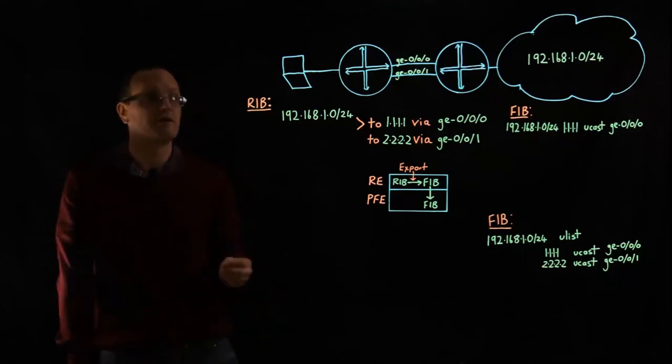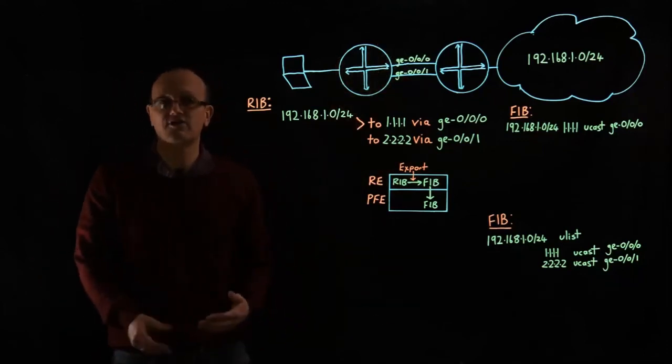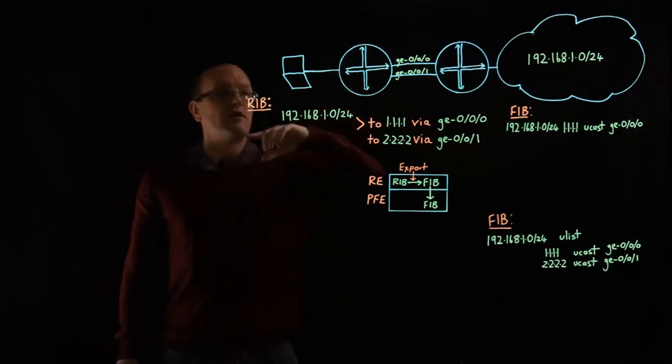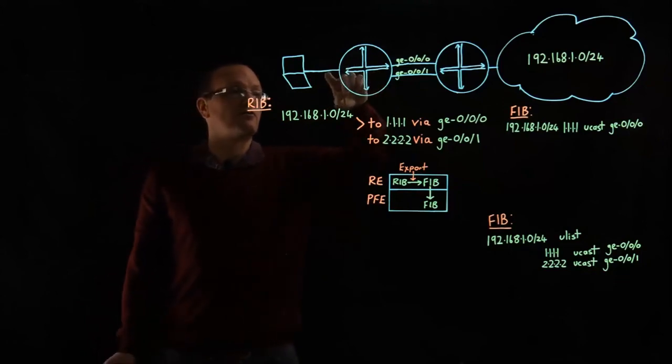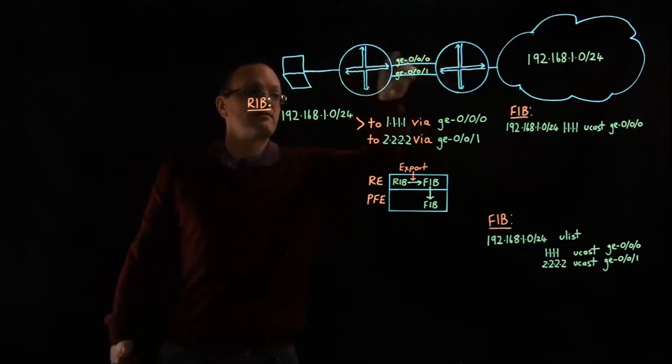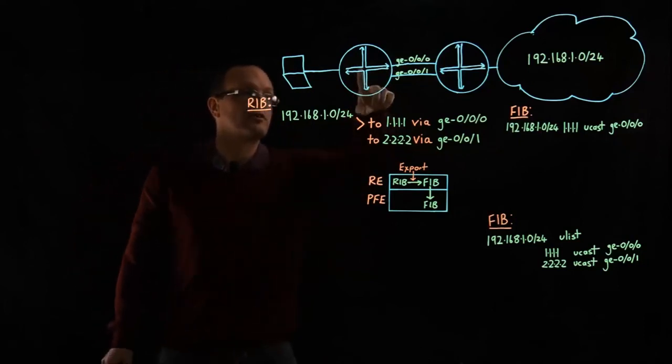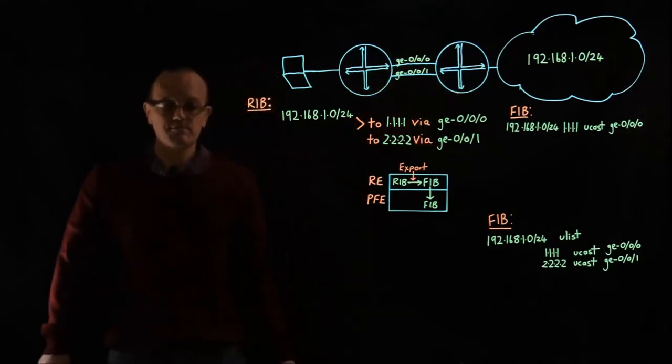And then on this router we're going to be hashing on a per flow basis. This means that this flow and all packets belonging to it are going to be hashed onto this top interface, and packets for a different flow are going to be hashed onto the bottom interface.